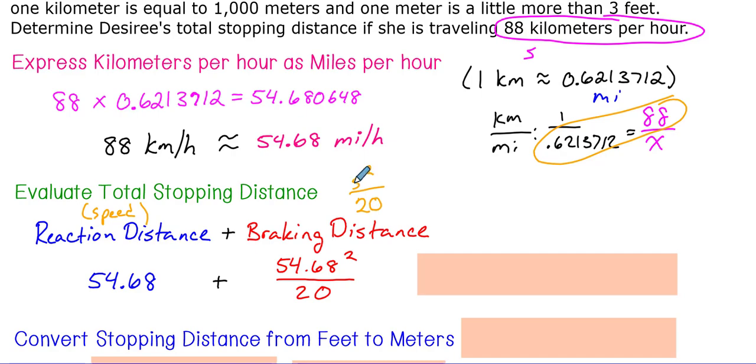Put in our speed. Our speed in this case, we're using our miles per hour. And the reason that we had to convert it to miles per hour is because these formulas are based on speed in miles per hour and distance in feet. That's how they formulated the braking distance formula.